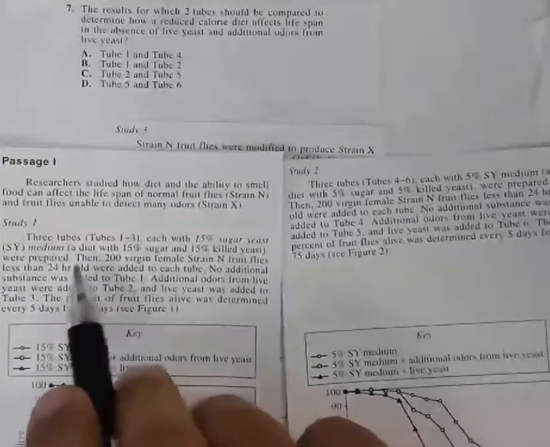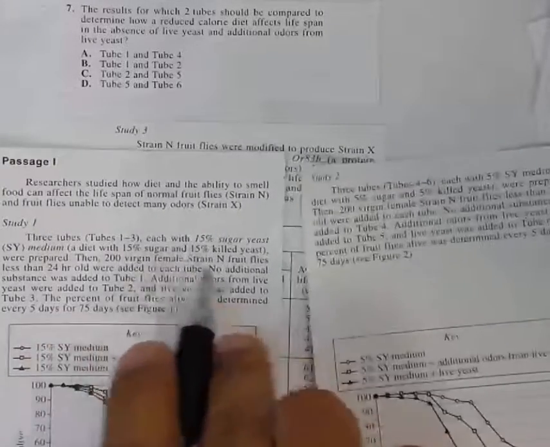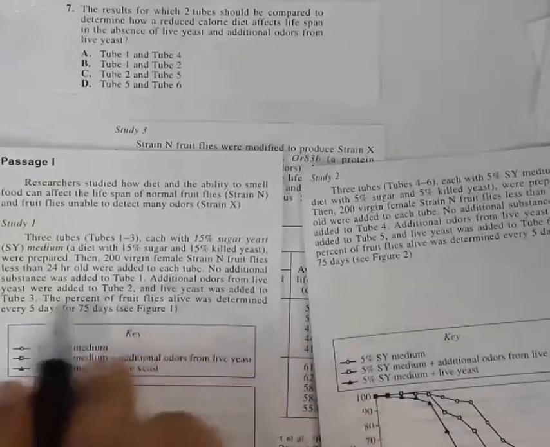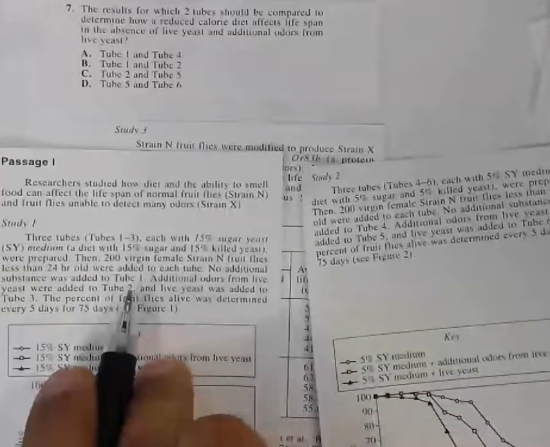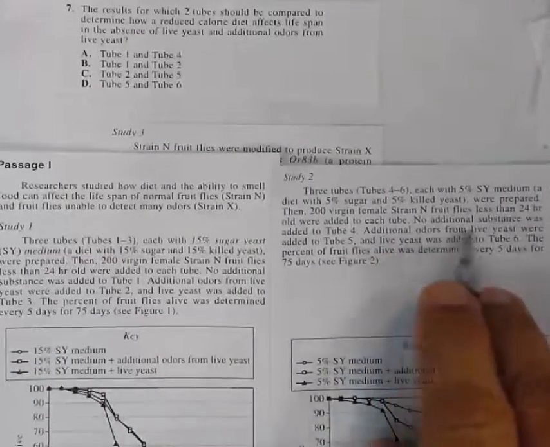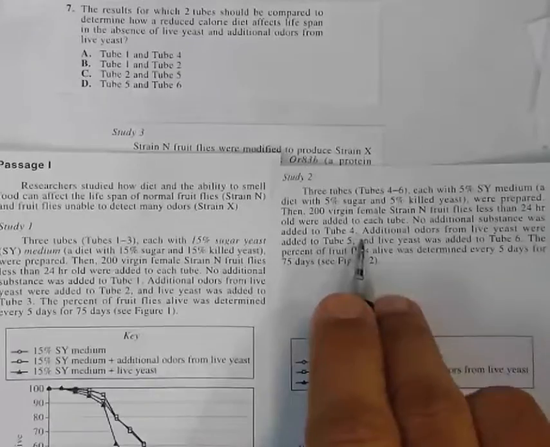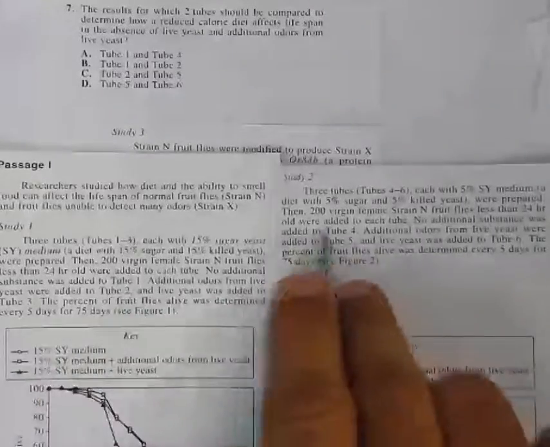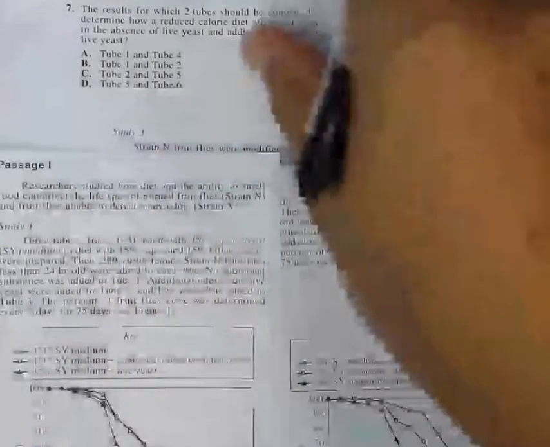In the descriptions, if we go along, for tubes 1 and 3, no additional substance was added to tube 1. So there's one of them. Now over here on study 2, no additional substance was added to tube 4. So it's tube 1 and tube 4, which is answer A. That's part of interpreting data.